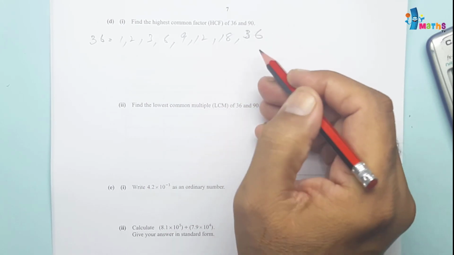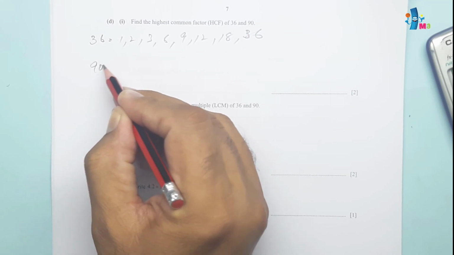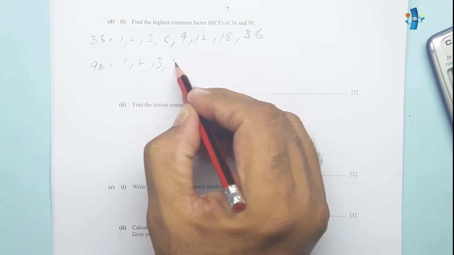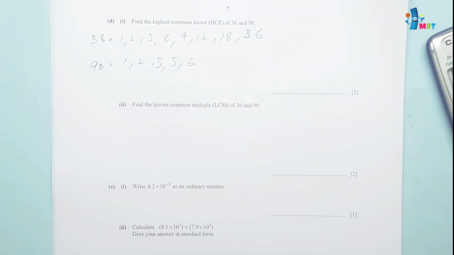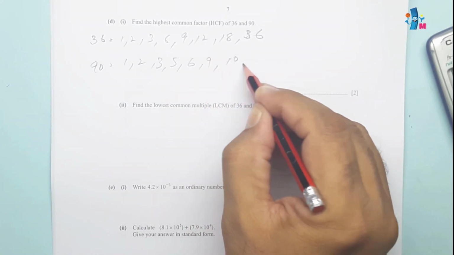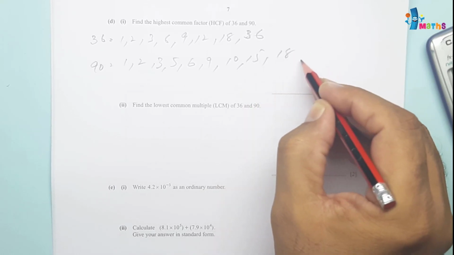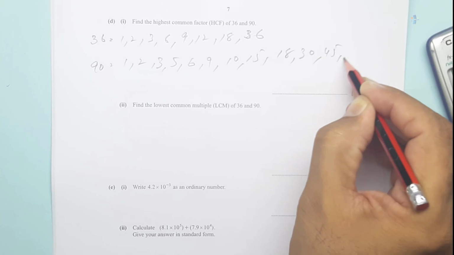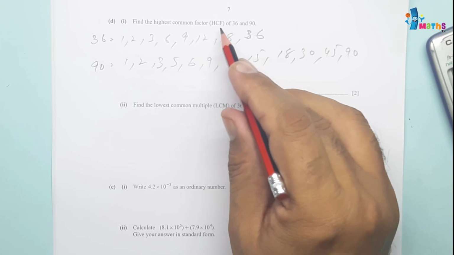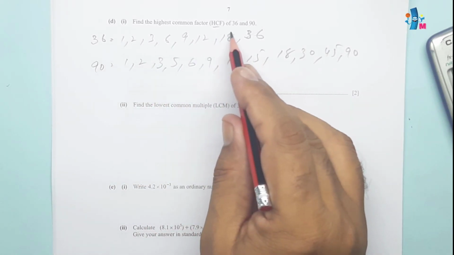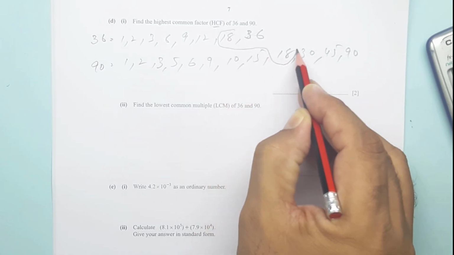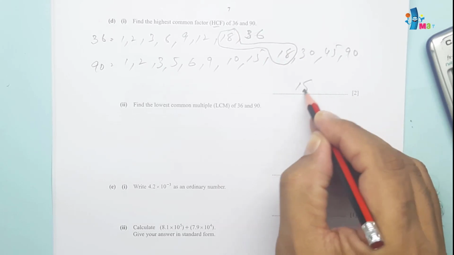The factors of 90 are 1, 2, 3, 5, 6, 9, 10, 15, 18, 30, 45 and 90. These are the factors, and the highest common factor is 18, because 36 is not here, so we can circle this one. So this is 18.